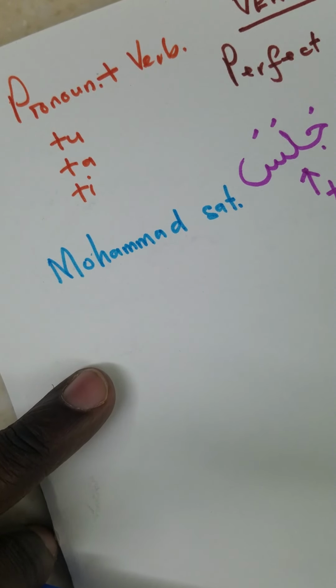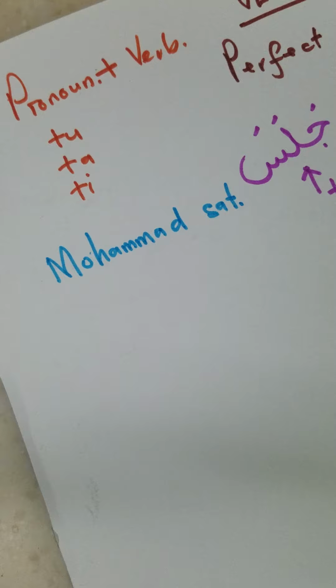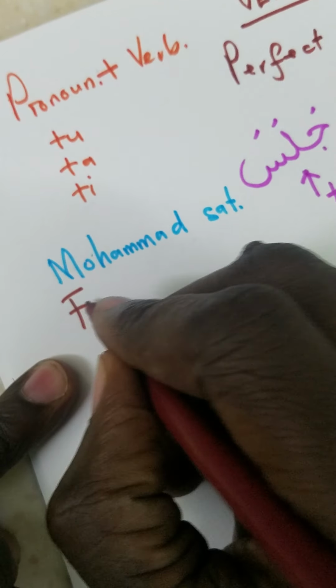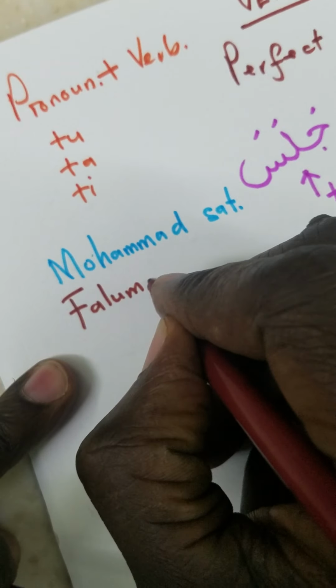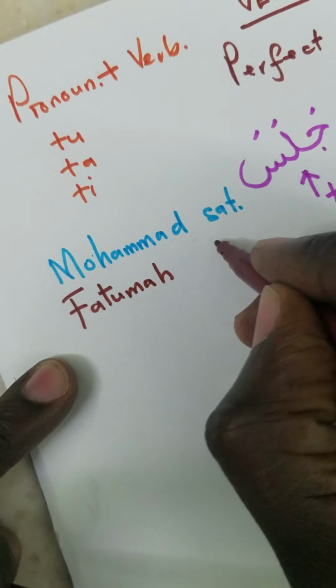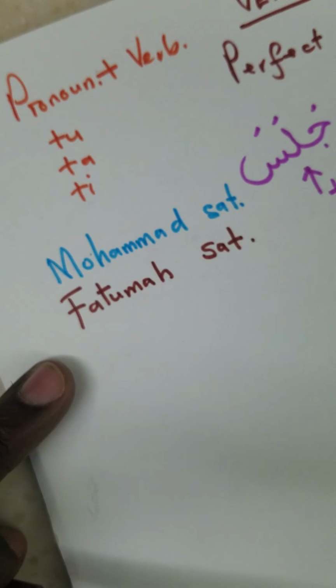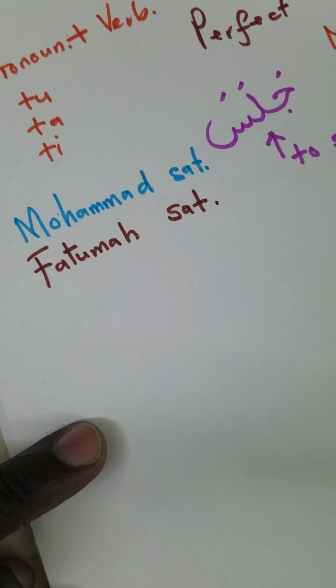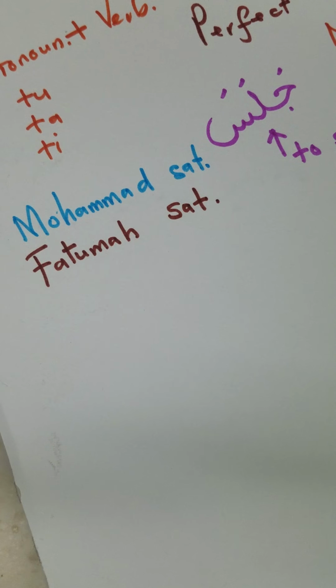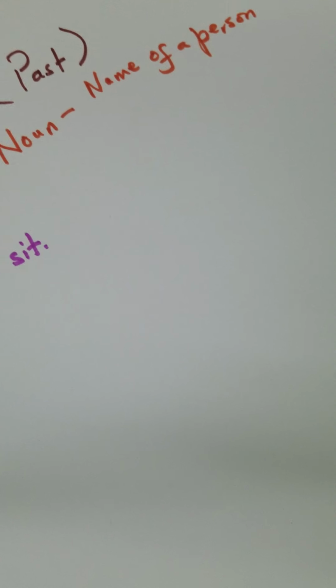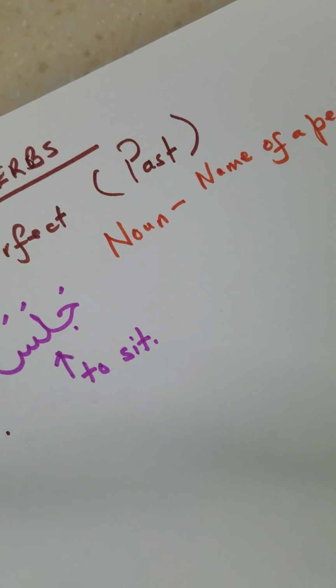How if we have a statement that Fatuma sat? How do we get about this? So we want to get this out of the way, because these are some of the very simple things that we want to handle for once and for all. And I hope God will enable you to understand this.